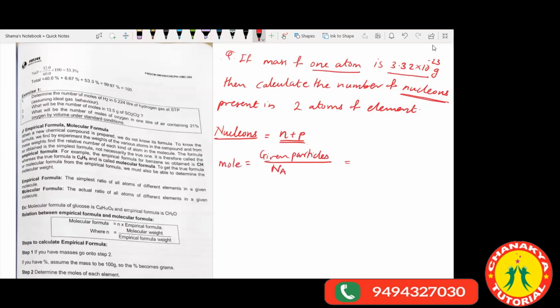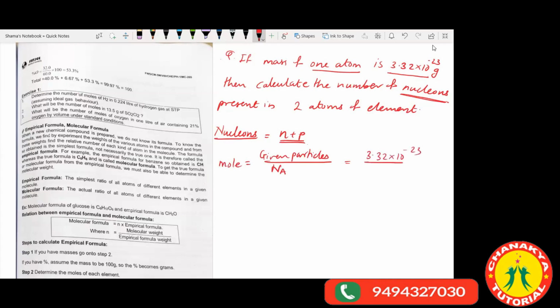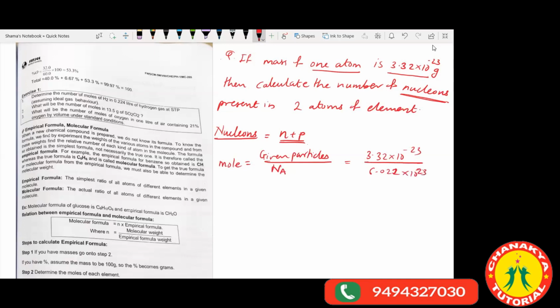Yes, ma'am. The number of moles of the given particle is 3.32 into 10 raised to minus 23 upon 6.022 into 10 raised to 23, correct? Yes, ma'am. Now what do you have to do?